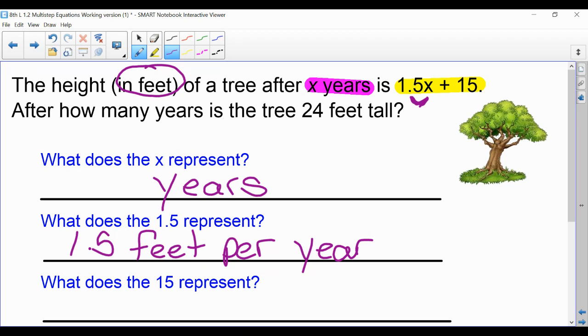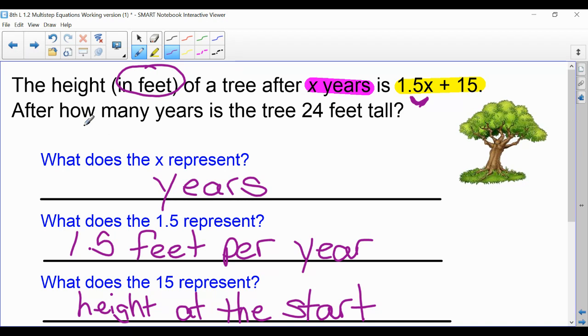It's something that doesn't change. It was the height at the beginning. It was the starting height. No matter how many feet it grows per year or how many years go by, it was 15 feet tall when we first started looking at it or when it was first planted.